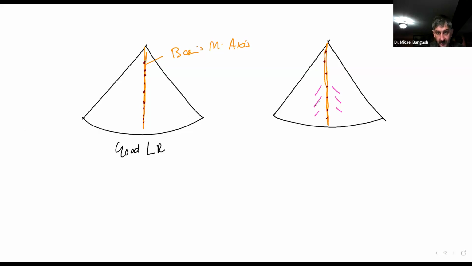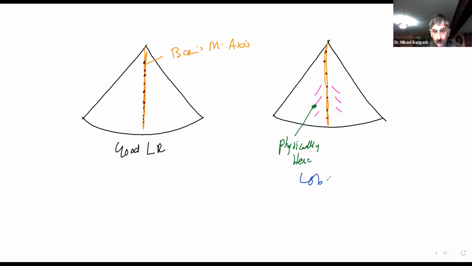Now what's going to happen is, let's say a structure that physically was here, as a result of what we will end up calling a lobe artifact, this structure will actually appear here. Now this is going to be a lobe artifact.